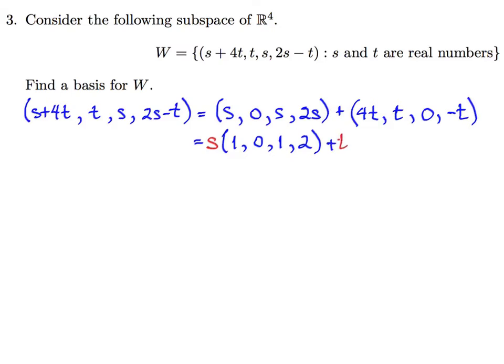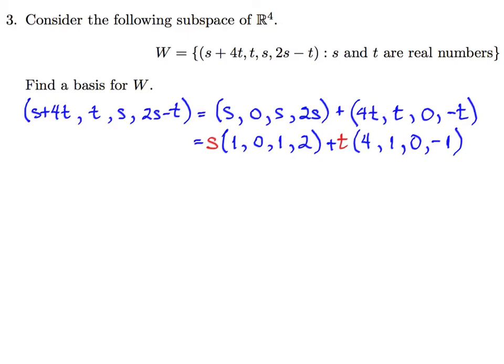The second one is t times 4, 1, 0, negative 1. Now we've rewritten an arbitrary 4-tuple from W as a linear combination of 2 4-tuples from R4. So we have a set of 2 4-tuples from R4 that span W, and they're clearly linearly independent because one of them is not a scalar multiple of the other.